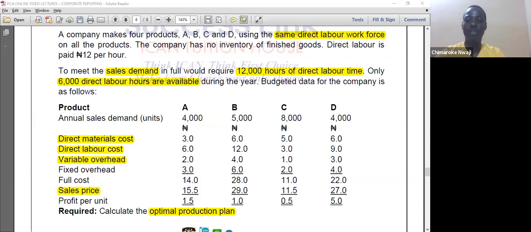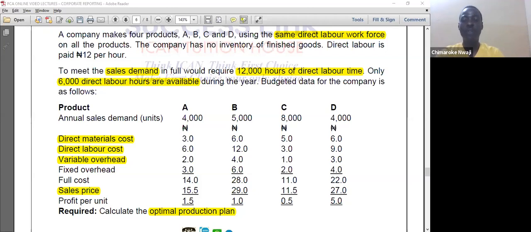Second one there is 29 minus 22 gives you 7. 11.5, the third one, minus 9 gives you 2.5. And lastly, 27 minus 18 gives me 9.